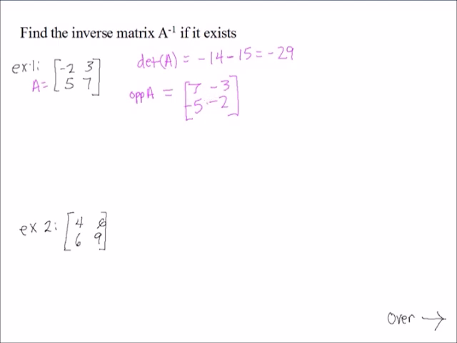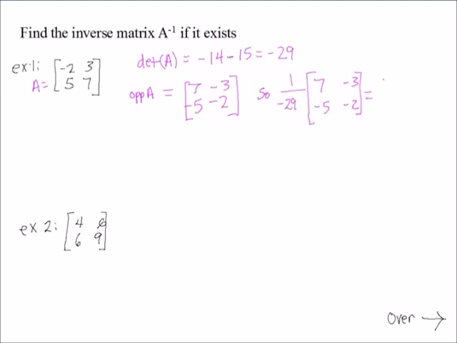Flip your main diagonal and find the opposite of the positive, of the back diagonal. Okay, and then you have to perform scalar multiplication. So step 3 is 1 over -29 times 7, -3, -5, -2.